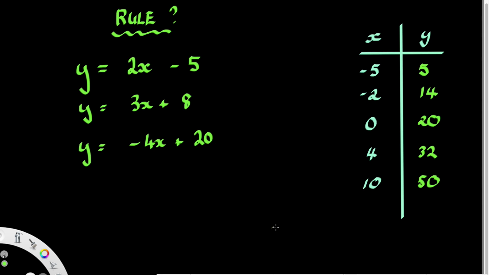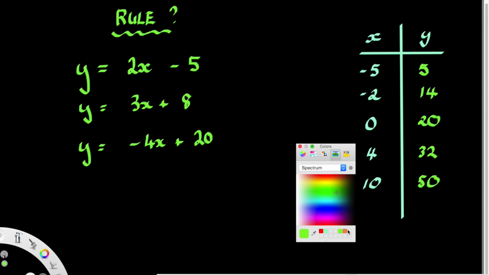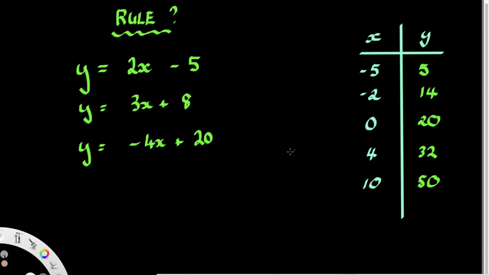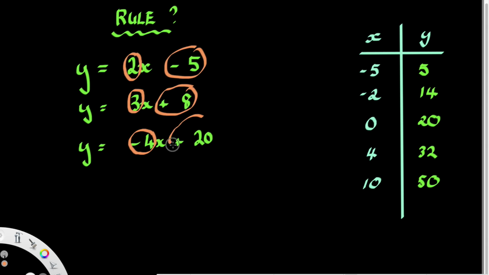These are all examples of linear equations. And what you might notice is that they all form a sort of pattern. They're all similar in some ways. They all seem to have a number in front of their x, and they all seem to have a number added or subtracted at the end.